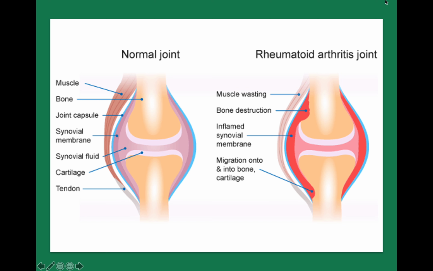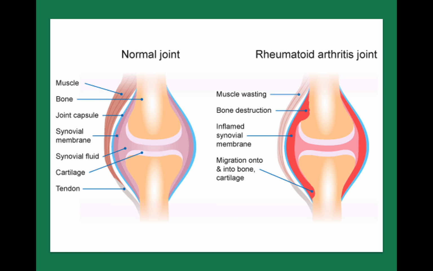So here you can see a comparison of a normal healthy joint to that of one that's affected with rheumatoid arthritis. That synovial membrane becomes thickened, which promotes the destruction of the joint. We can see narrowing of the joint spaces. We start to see an increase in synovial fluid, which impairs the movement and causes pain in the joint that's affected.